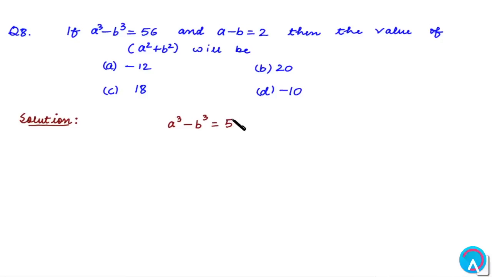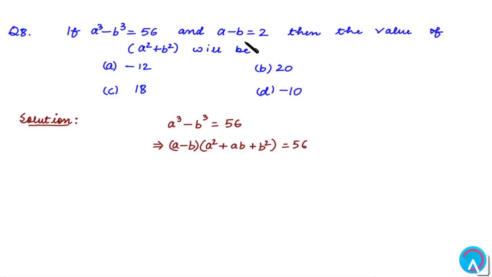Now, do you know the formula for a cube minus b cube? Yes, it's very simple. A cube minus b cube is a minus b multiplied with a square plus ab plus b square. And this is given equal to 56 here.